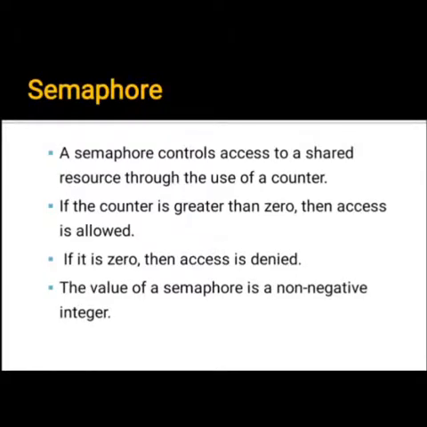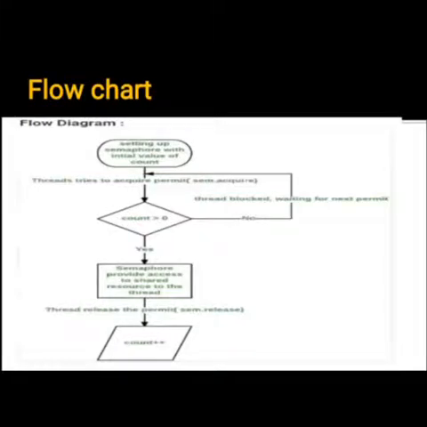Now I explain the concept of semaphore with the help of a flowchart. This explains how a semaphore can be used. Initially, a semaphore is created with an initial value of count. The thread that wants access to the shared resource tries to acquire a permit. If the semaphore's count is greater than 0, then the thread acquires a permit.